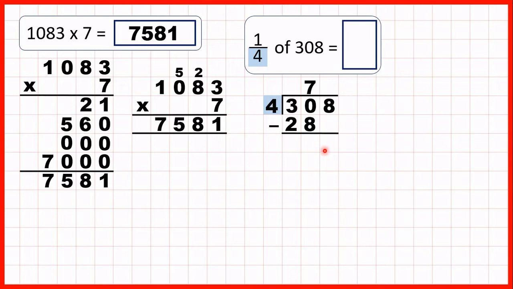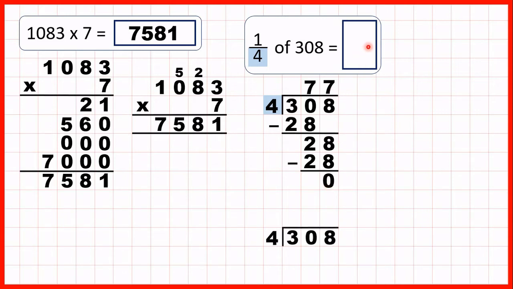Now we subtract and bring down. 30 minus 28 is 2, and we bring down the 8, so we have 28 divided by 4. Now 28 is exactly 7 times 4. 28 is in the 4 times table, and because it's 7 times 4, we have a 7 in our answer line. Now we subtract, and 28 minus 28 is 0, so we don't have a remainder. Our answer is just 77.